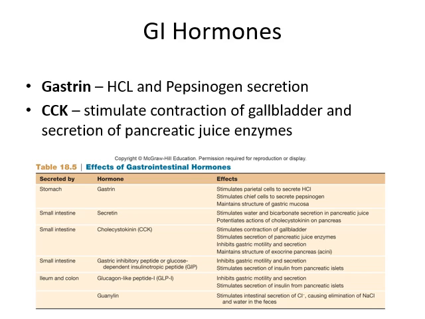Finally, before we move on to looking at the absorption, let's look at a couple of the main hormones that are going to help regulate the digestive process. Two I want you to know: gastrin and CCK, cholecystokinin, right here.